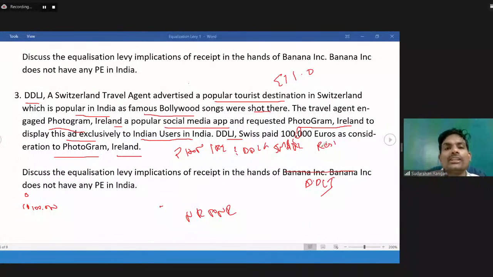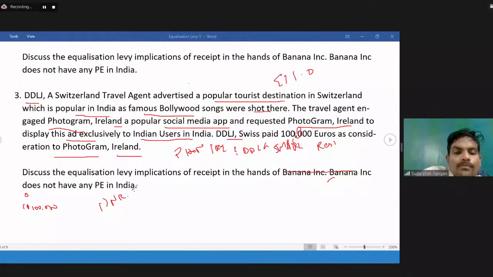So now let's go to equalization levy 2.0 and see whether that will come. Here we are concerned, first, whether he is a non-resident e-commerce operator. Who is a non-resident e-commerce operator? Who owns a platform or a facility?